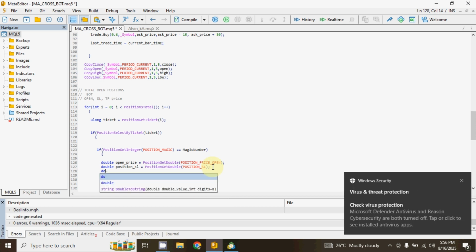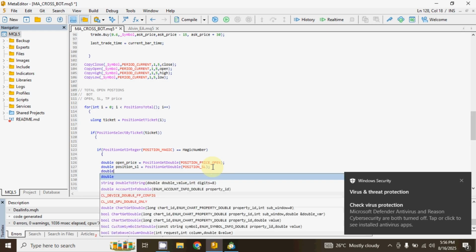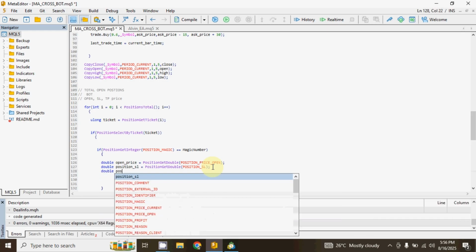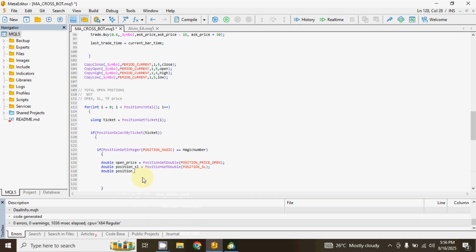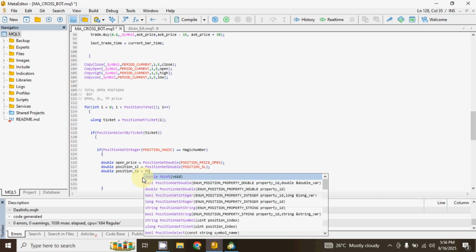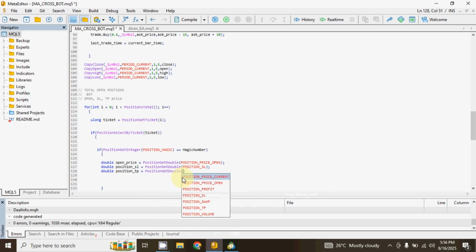Then the next one we are going to say double, which is for the take profit, the current take profit of the position. Position TP equals position get double, then going to be position TP. So this is going to get us the open price, SL, and TP of all the open positions, right?